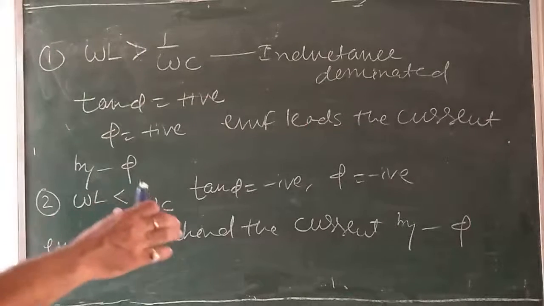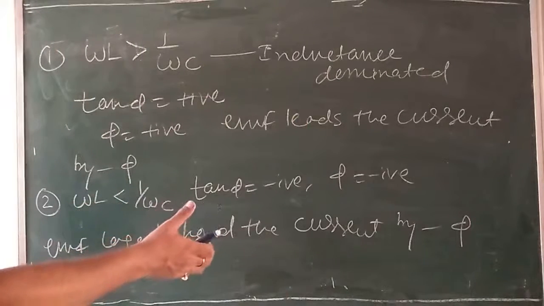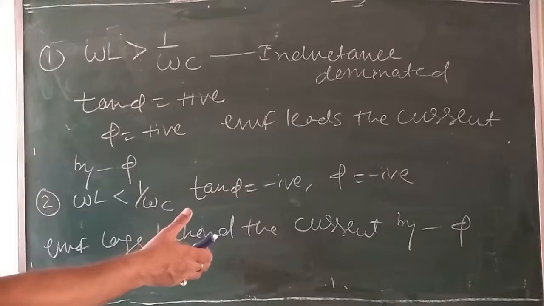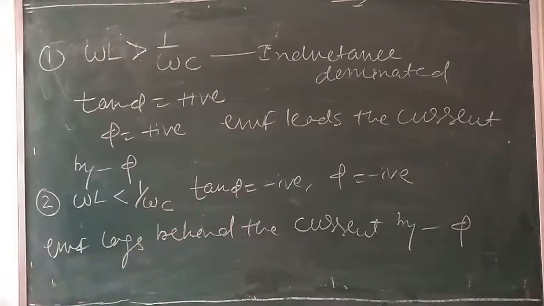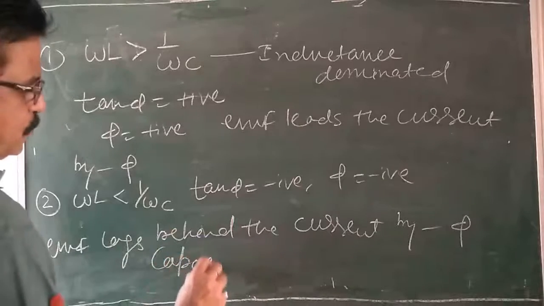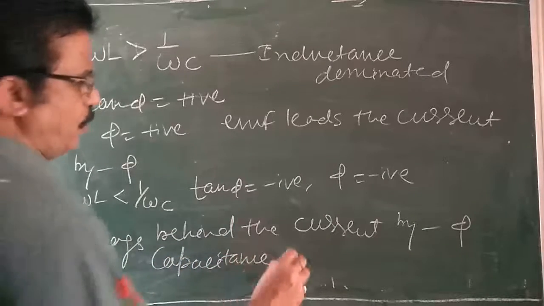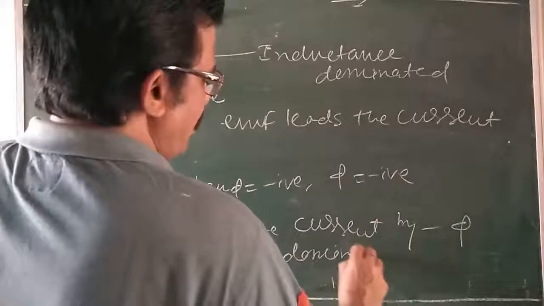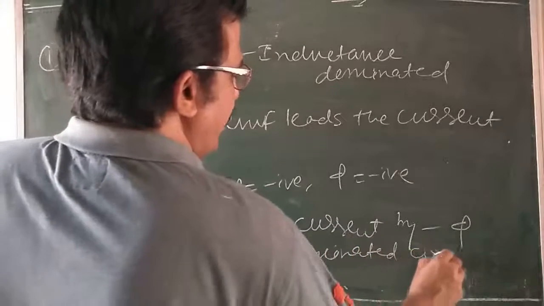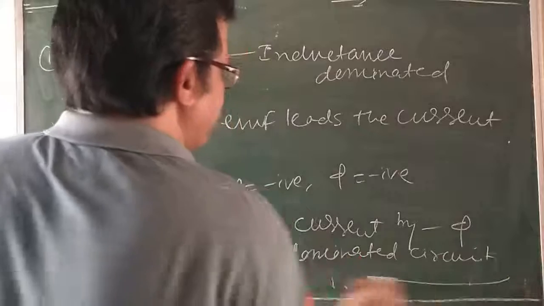In this particular case, I can say EMF lags behind the current by a phase angle phi. This is called a capacitance dominated circuit.